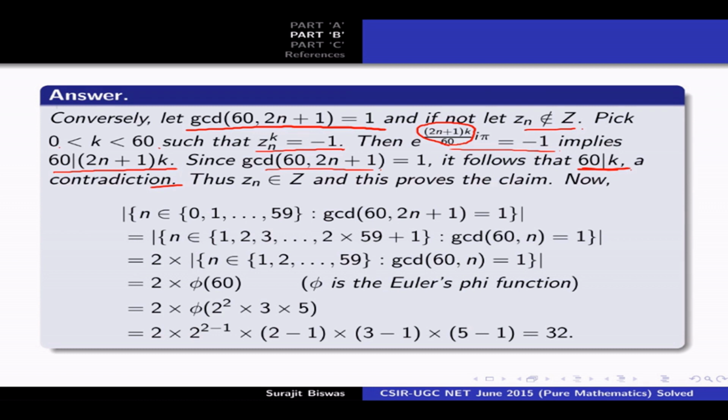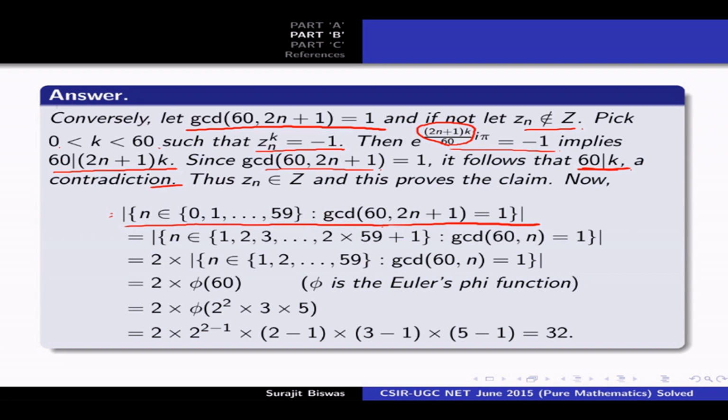Hence the cardinality of the required set is equal to the cardinality of the set of n from 0 to 59 such that GCD of 60 and 2n+1 is equal to 1.